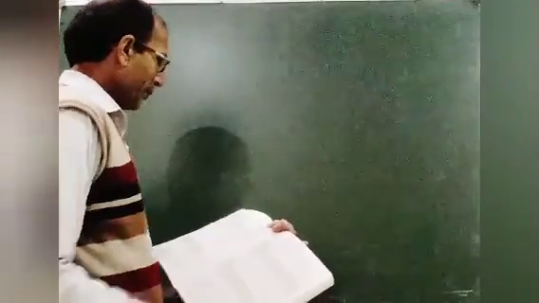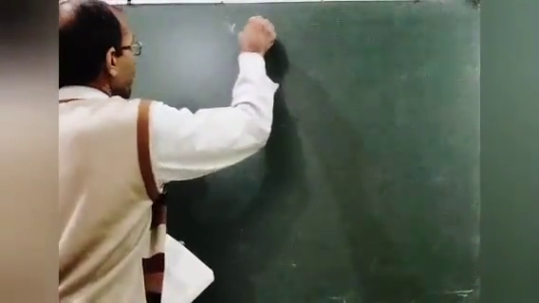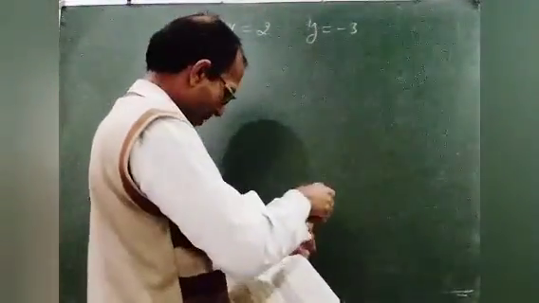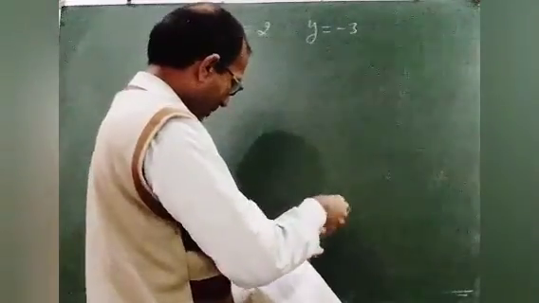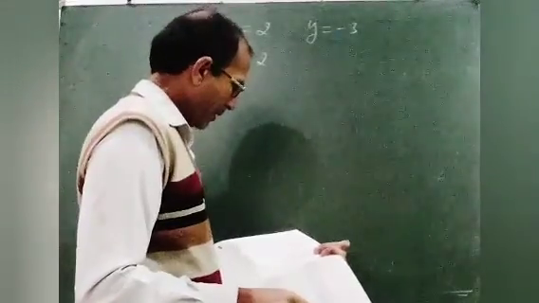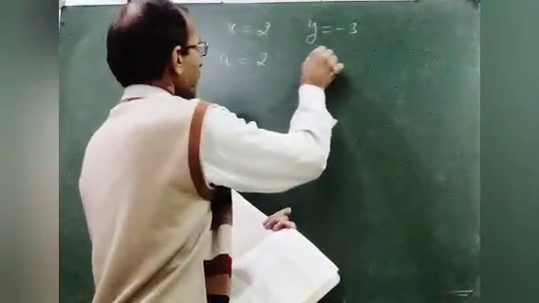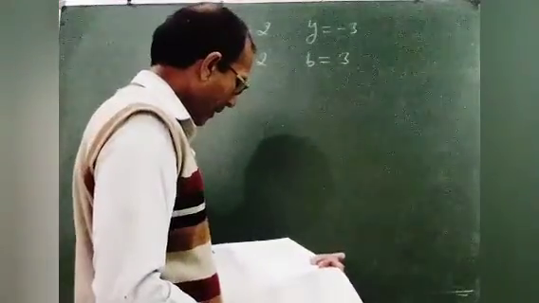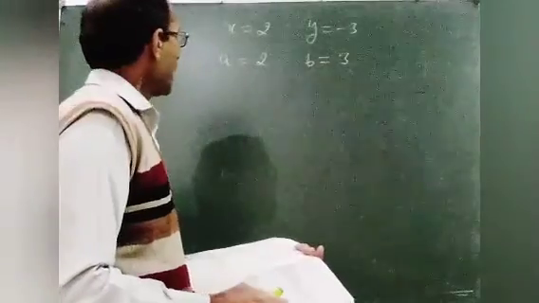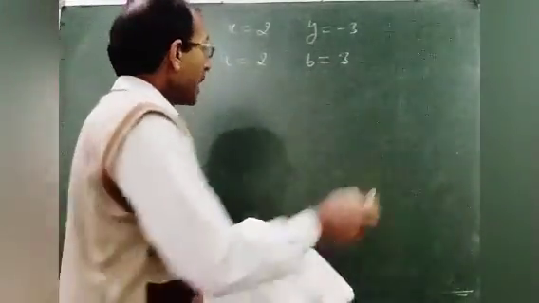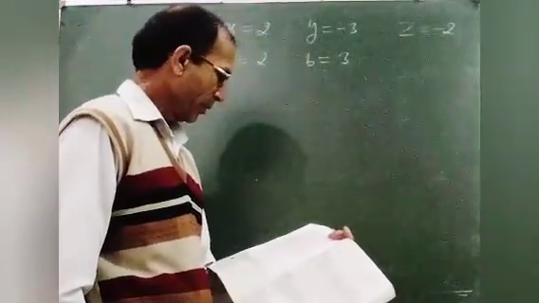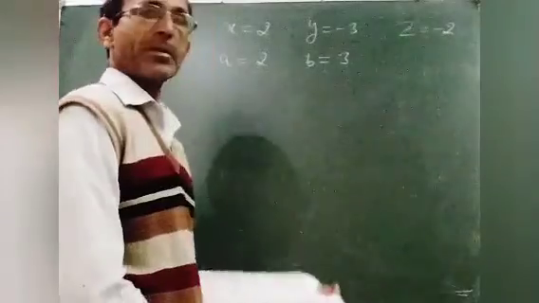Now see question number 7. What is given? x is equal to 2, y is equal to minus 3, z is equal to minus 2, a is equal to 2, and b is equal to 3.